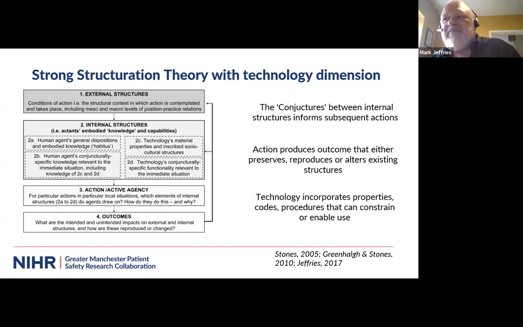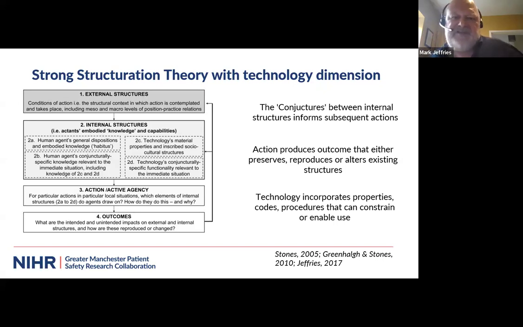So people act because they take the wider context, their external and internal structures, their knowledge of what's going on, and their dispositions, and that produces an action which leads to an outcome. So it's the combination of the internal structures, the external structures, people's knowledge of that, their general disposition, what Bourdieu would call habitus, and the agency which leads onwards. We can go to the next slide.